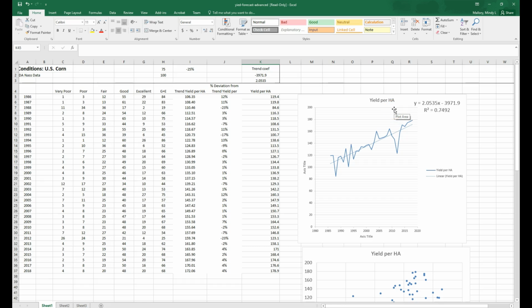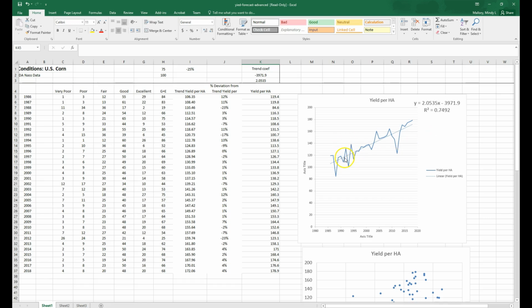We're very unlikely to get 23% above trend for a yield realization, whereas if it was a normal model, then we should have equally likely chance of getting a minus 23% as a plus 23%, which would land somewhere up here. Just given the physical, biological, chemical nature of growing corn, that's just not going to happen.